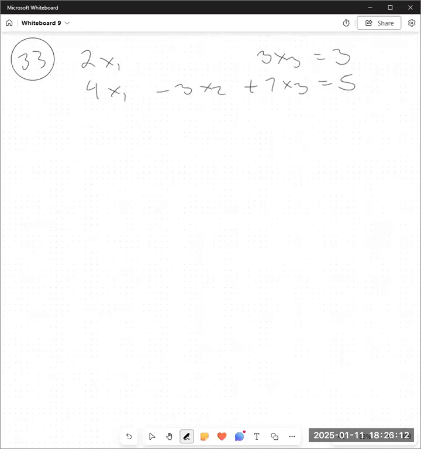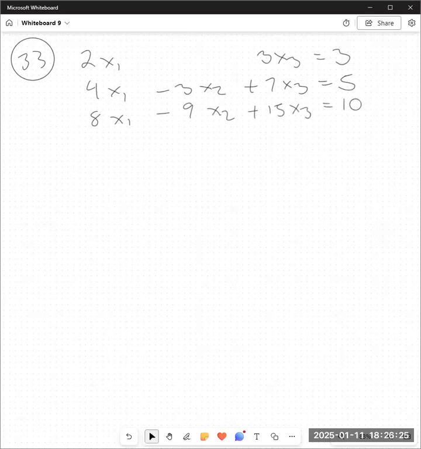You can do those elementary operations on each equation set up as a system, or on each row which represents an equation set up as a matrix. So number 33 asks us to find the solution to this system.